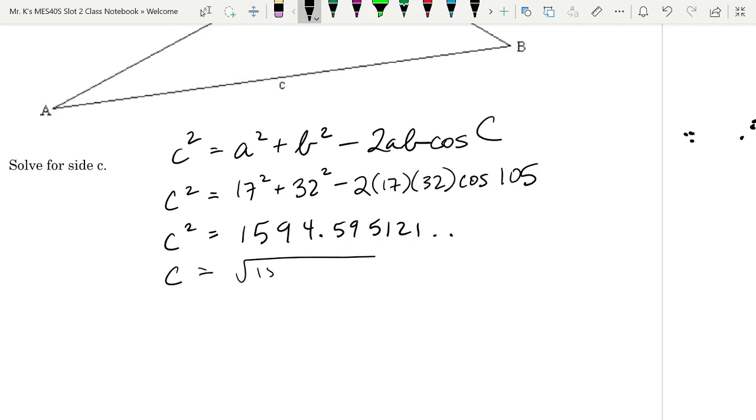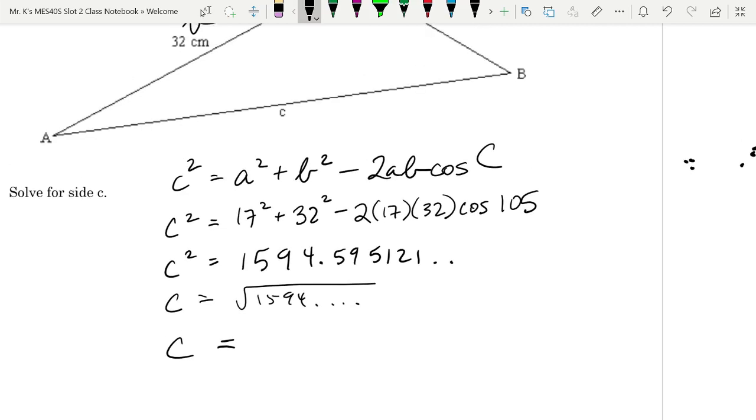So I got to square root this 1,594 number. Now again, on this calculator, if I just hit square root, the number on my screen right now goes away. How do I get it back? Use the answer button. So square root answer equals.